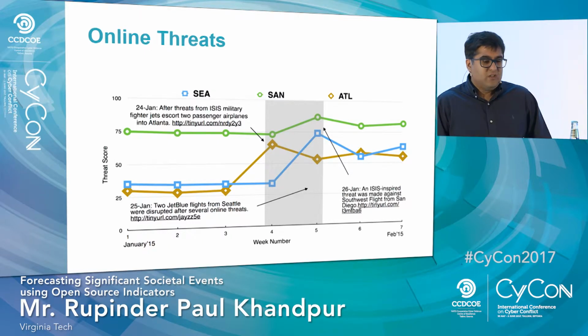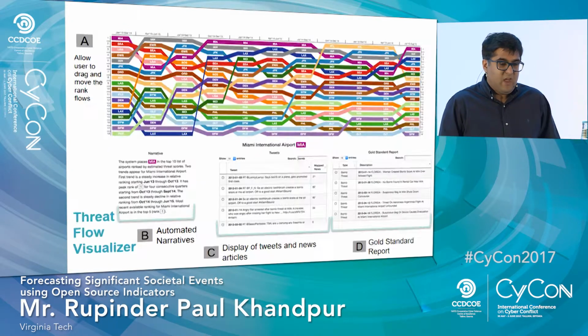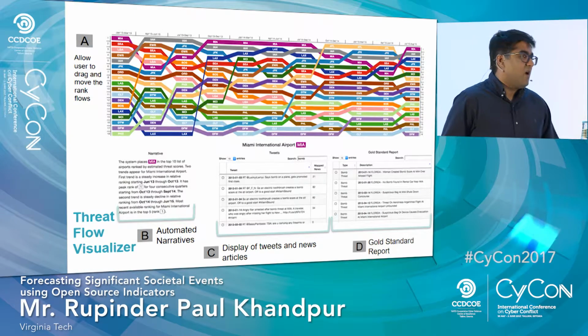And you'll see in this particular example, some ISIS-inspired threat tweets were issued by some Twitter users, and then that caused a big scare in US. Over 20 flights over the span of 1 week got delayed or diverted. And what we did was we built a system around this approach.